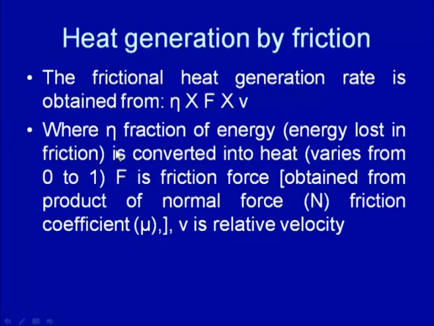Here this eta is an important component, as it varies from 0 to 1. If most of the frictional energy being consumed in overcoming the friction is converted into heat, then the eta value becomes closer to 1, and if that fraction is very low, meaning the fraction of the energy being consumed in overcoming the frictional effect that is converted to heat is low, then this eta value is found to be significantly lower.